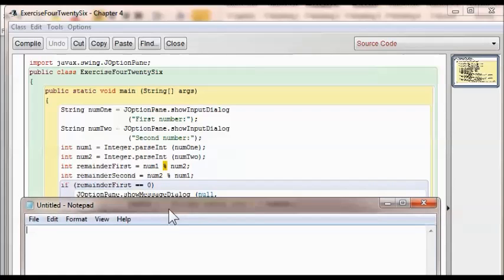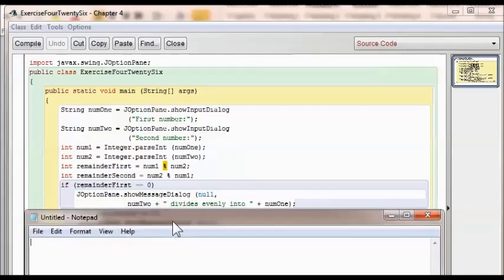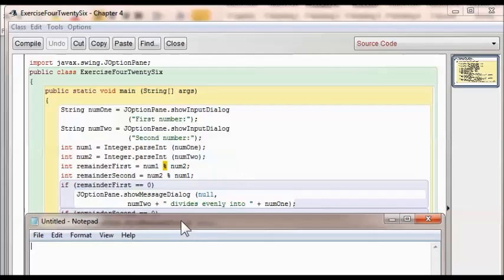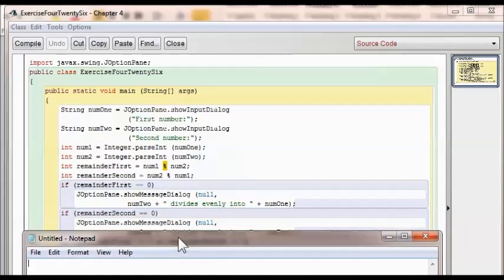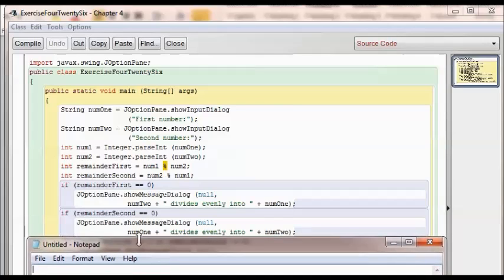Okay, so then you say number 2 divides equally into number 1 if this first situation is true. If the second situation is true, the second one produces no remainder, you say number 1 divides evenly into number 2.